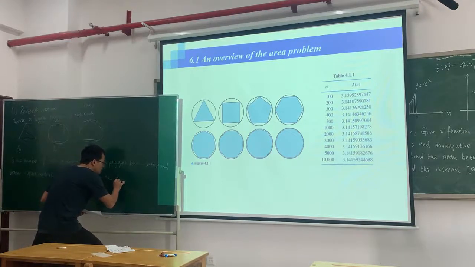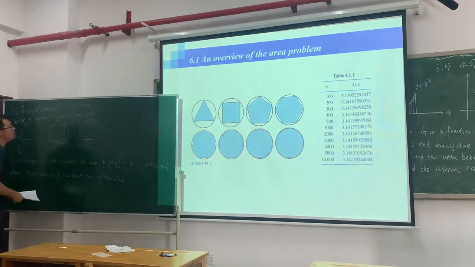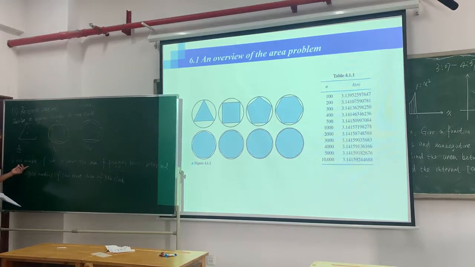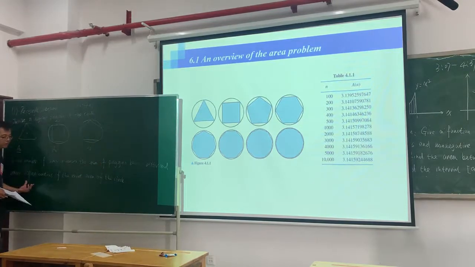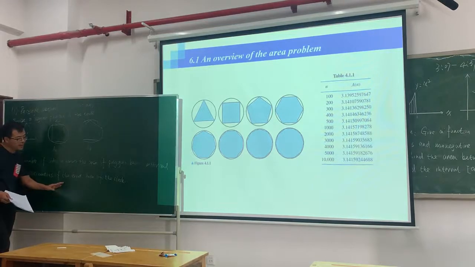So this means that as the number of sides increases, the area of the polygons becomes a better and better approximation of the exact area.